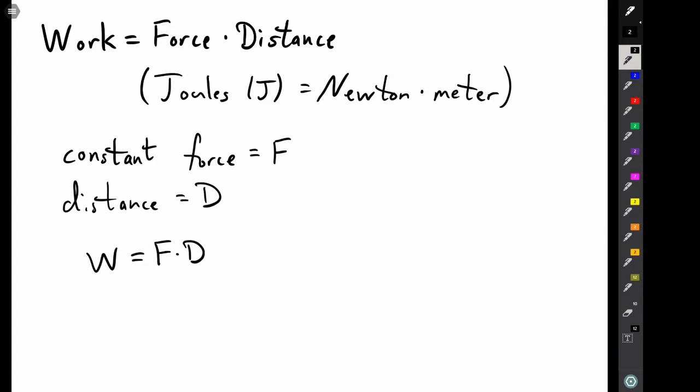But, when it comes to applying a force, think of pulling a wagon, right? You might sometimes pull it really hard. You might sometimes pull it softer. And let's even just assume we're just pulling the wagon straight down a street. There's no reason that we have to pull it with a constant force.